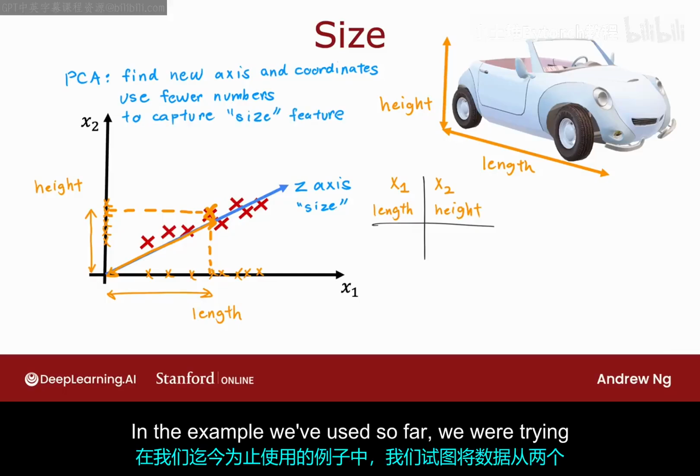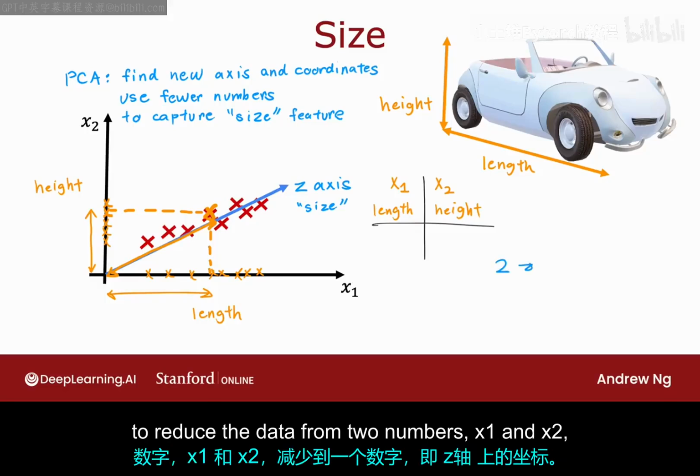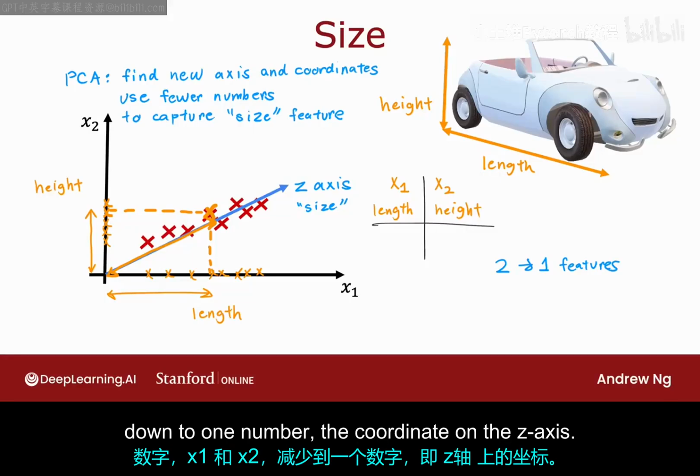In the example we've used so far, we were trying to reduce the data from two numbers, x1 and x2, down to one number, the coordinate on the z-axis.